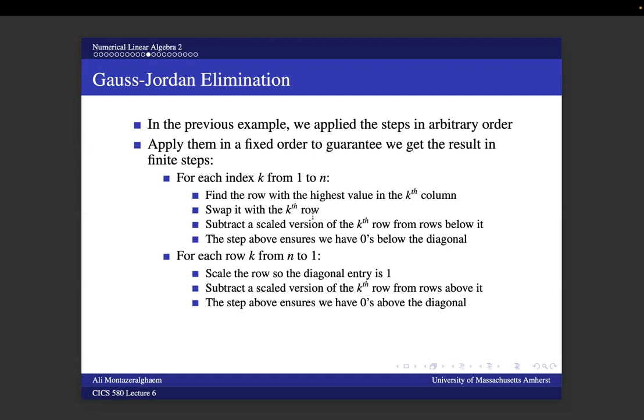And then we subtract a scaled version of the k-th row from the rows below it, and this step ensures that we have 0 below the diagonal.